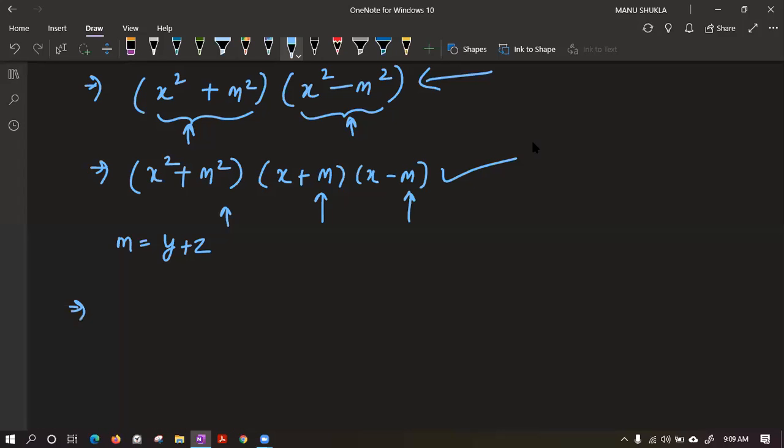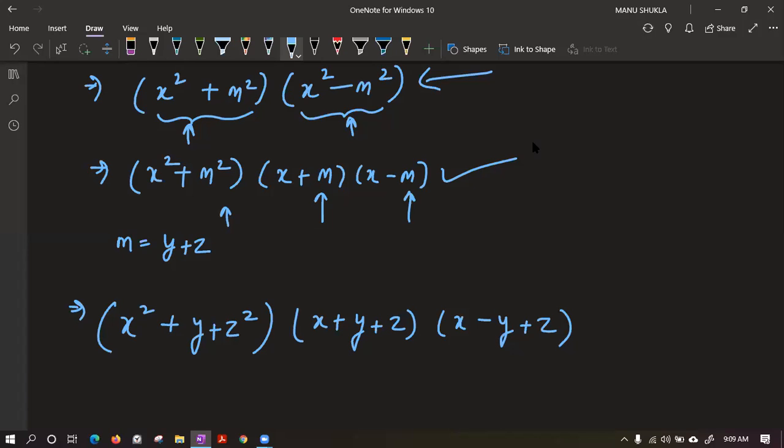Now just tell me if I am correct or wrong. If I write like this, x square plus y plus z square, x plus y plus z, x minus y plus z. Am I correct this way? No. Why am I incorrect?